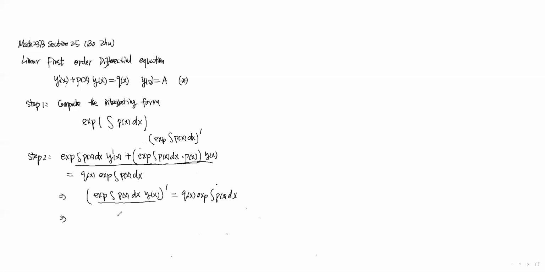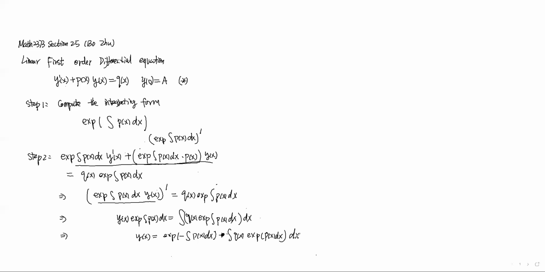Then we get y(x) multiplied by e^(∫p(x)dx) is the integral of q(x) e^(∫p(x)dx) dx. And then y(x) is e^(-∫p(x)dx) multiplied by the integral of q(x) e^(∫p(x)dx) dx.